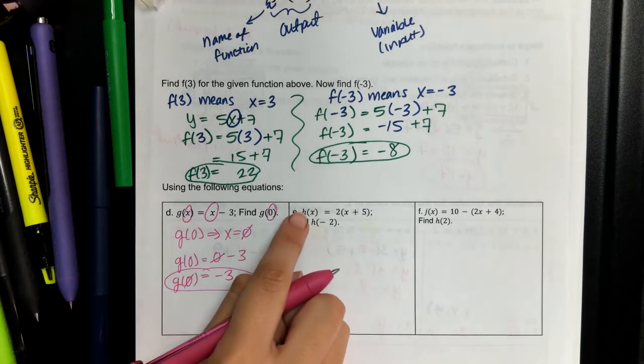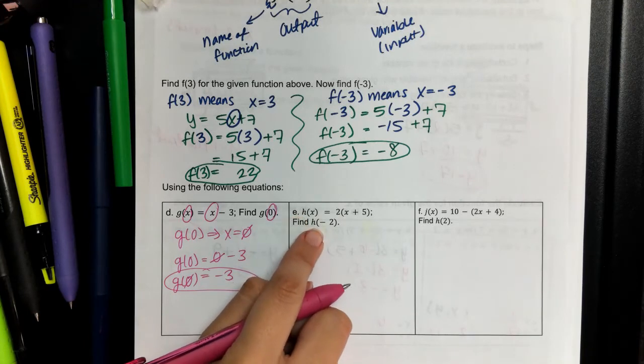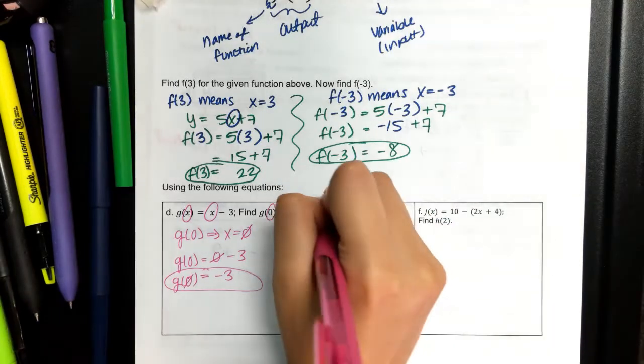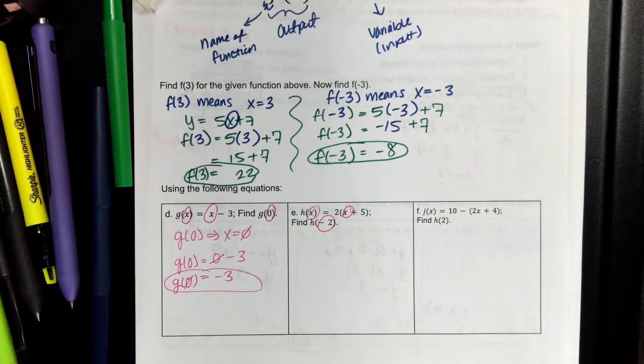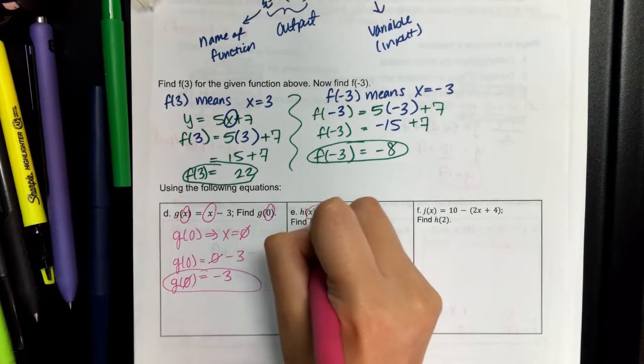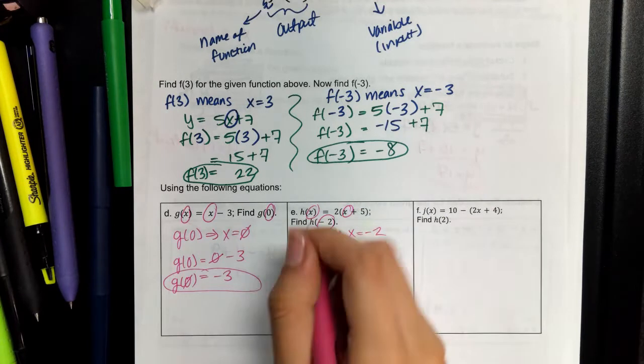Here we have h of x. Remember, the letter doesn't matter. This is a different function, so it has a different letter name. So this function of h, we want to find h of negative 2. So we're going to circle every time we see x, and we're going to replace it with negative 2. So h of negative 2 means x equals negative 2.